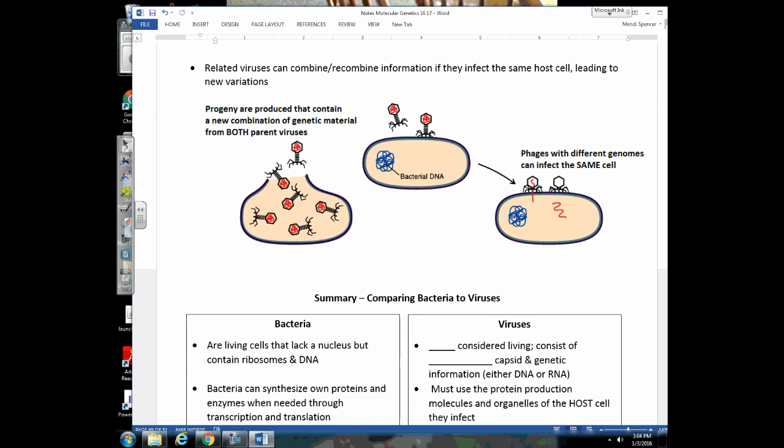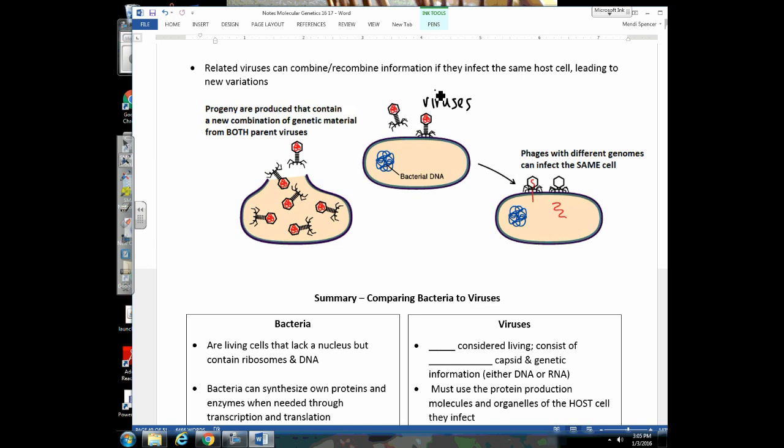Now, I don't want this next diagram to confuse you with transduction. Remember, transduction is when viruses can introduce new DNA into bacteria cells. But I want to show you a way that viruses can get genetic variation. If you have two viruses, and let's say that they're different types of viruses, but they're very similar.